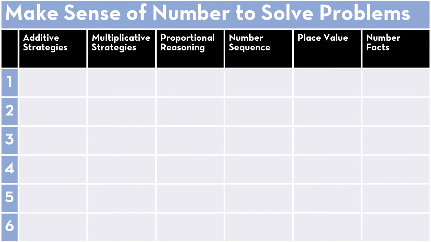So we've got the make sense of number strand, and we've got 6 progressions here, and those little boxes inside the progressions going down from 1 to 6, each one of those boxes is a step, and when we plot our learner onto those steps and progressions, that's the mapping part. So here, for example, it's my imaginary course. I've mapped it for additive strategies at step 5.